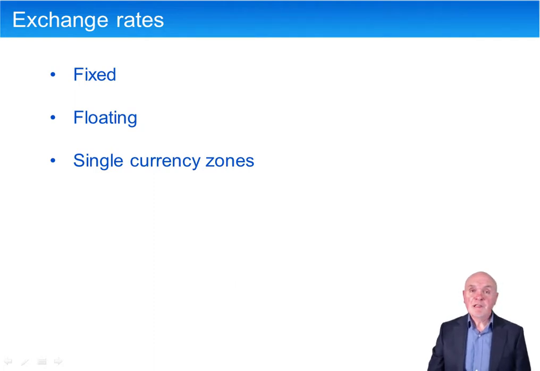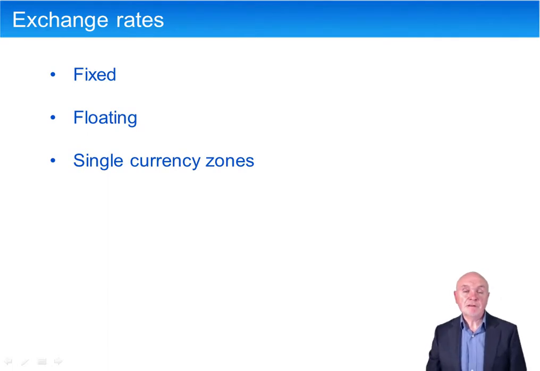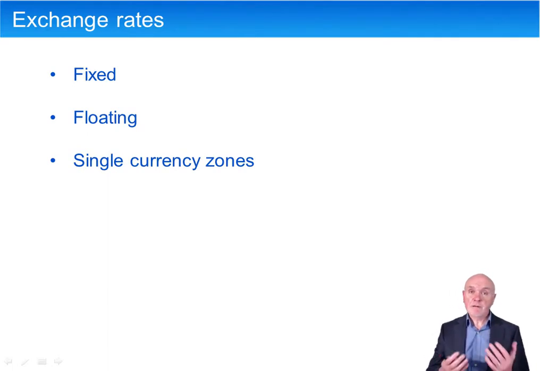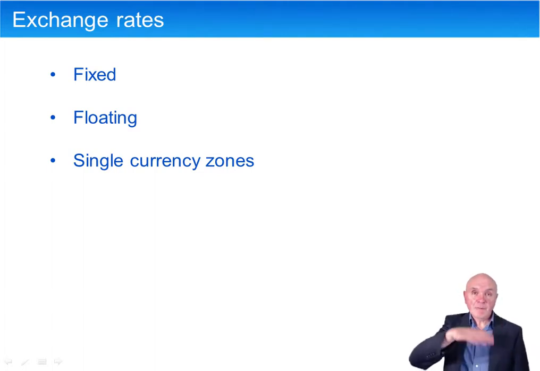The alternative is a floating rate, which means that the relationship between two currencies changes really on a second-by-second basis, depending on speculation, depending on inflation, depending on interest rates, depending on sentiment, how people feel a country is doing and how strong its currency is. So this fluctuates up and down, as I say, on a continuous basis.